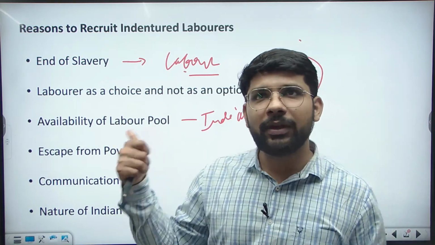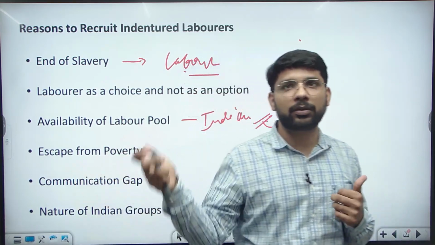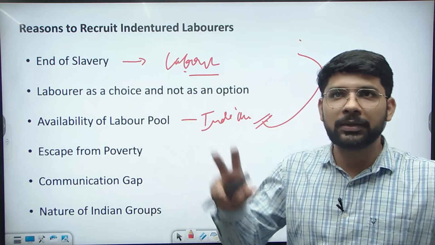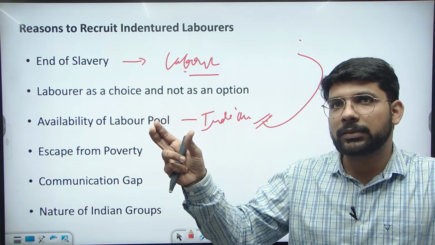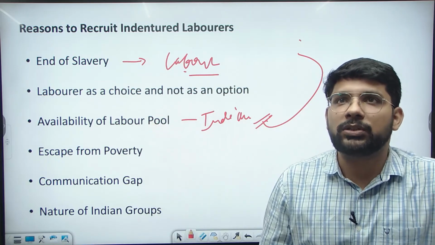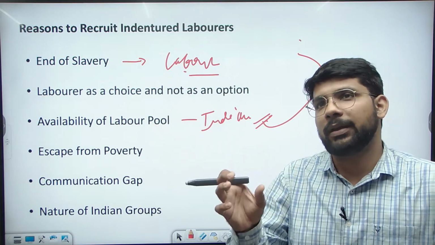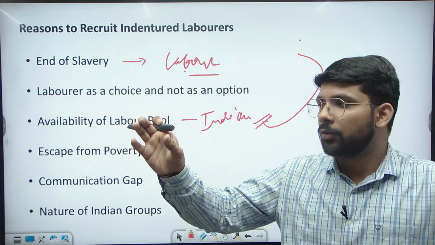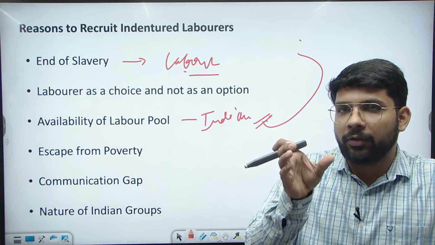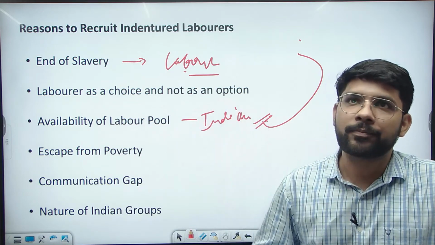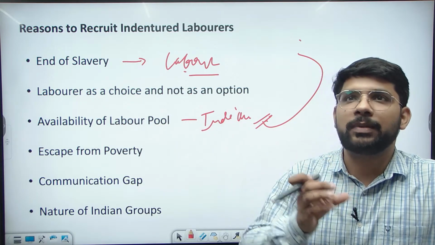With the end of slavery, the requirement and demand for labor increased. Given a particular period in a particular place, that was a good thing for the British. They said you will work for 2 months in Africa, 6 months in the Caribbean countries, 6 months in Mauritius.